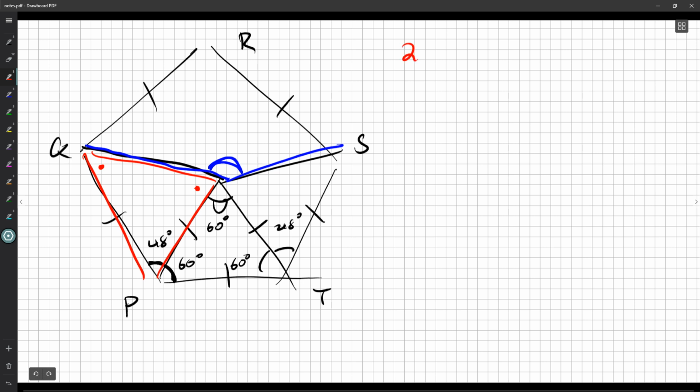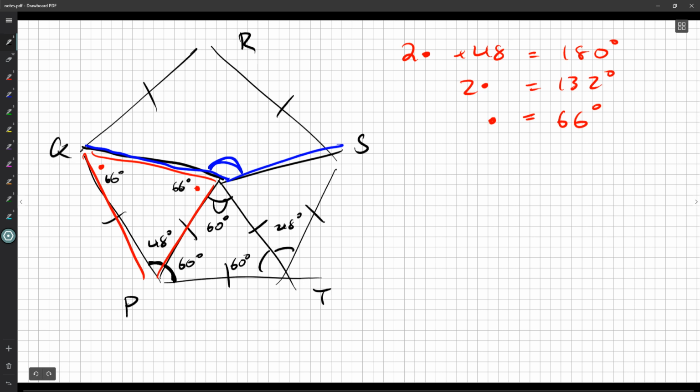So I know 2 dots plus 48 must be 180. If I subtract from both sides, you'll get 132 is 2 times the dot. And so this dot angle, whatever it is, turns out to be 66. A nice little 66 there. So we get 66 degrees.